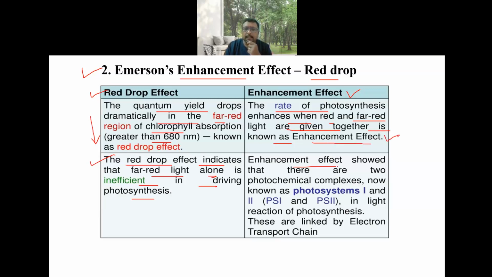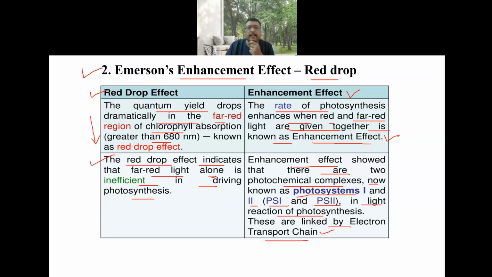The enhancement effect showed that there are two photochemical complexes, photosystem 1 and photosystem 2, PS1 and PS2, in the light reaction of photosynthesis, linked by an electron transport chain.